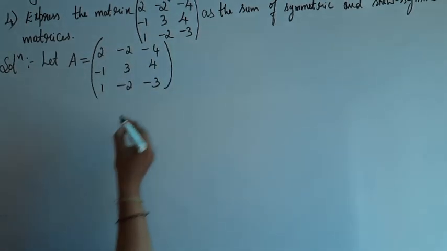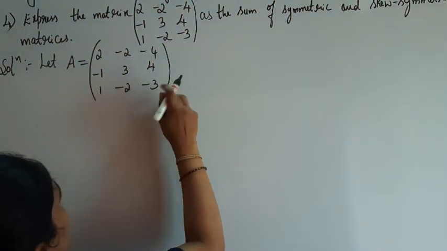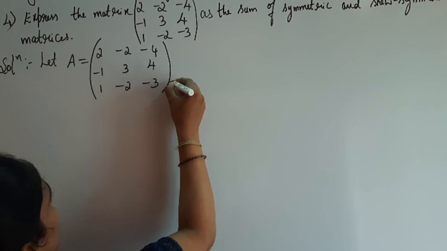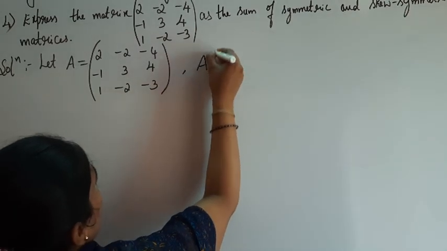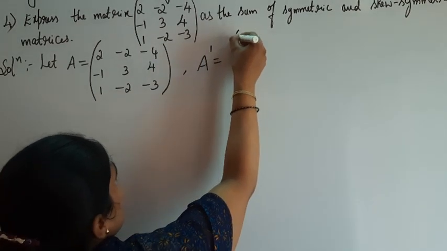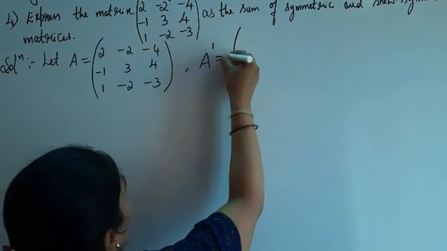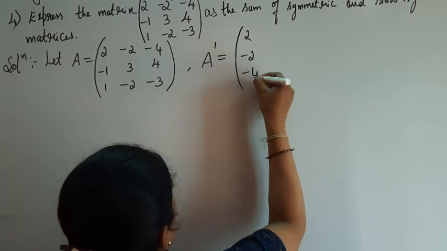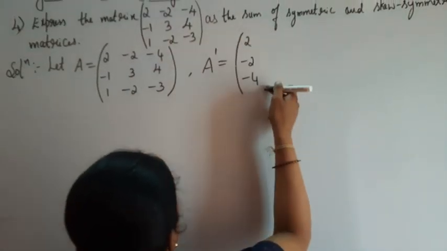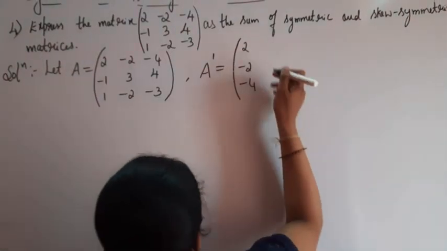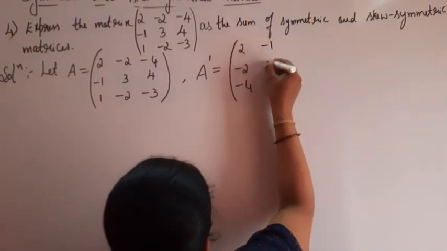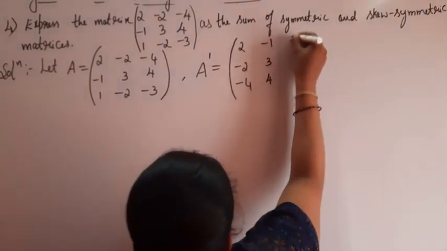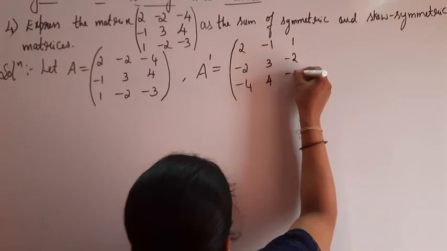Okay. So let us take the transpose of this matrix now. If we consider the transpose, we get A transpose equals, transpose means interchanging rows into columns. That is 2 minus 2 minus 4. The first row is changed to the first column. The second row is changed to the second column. Minus 1, 3, 4. 1 minus 2 minus 3.